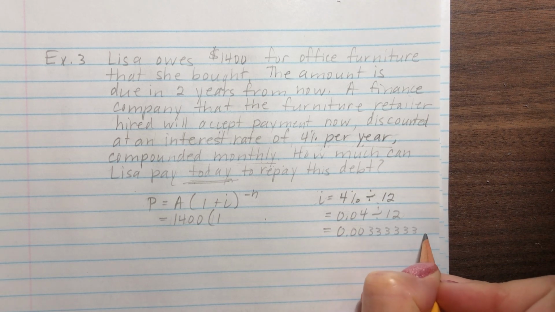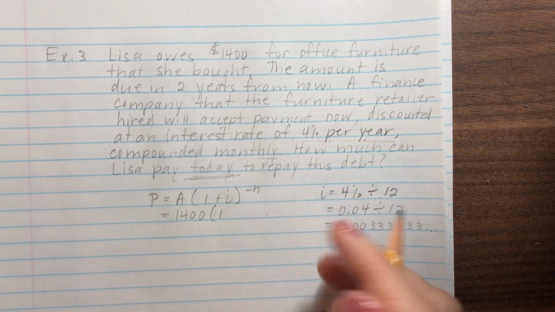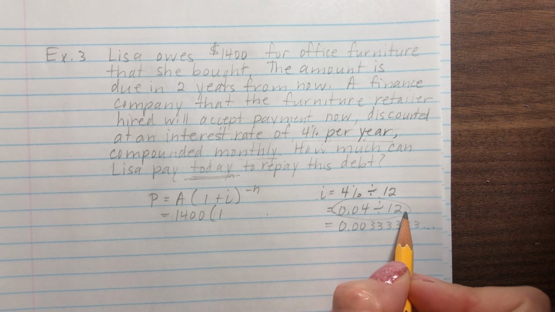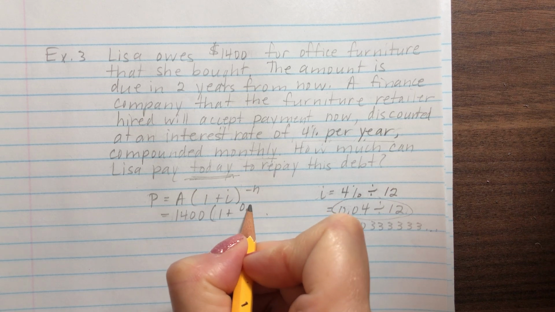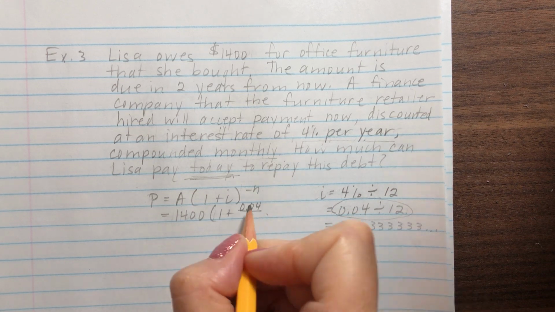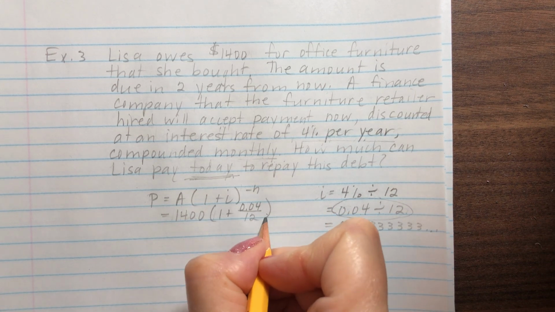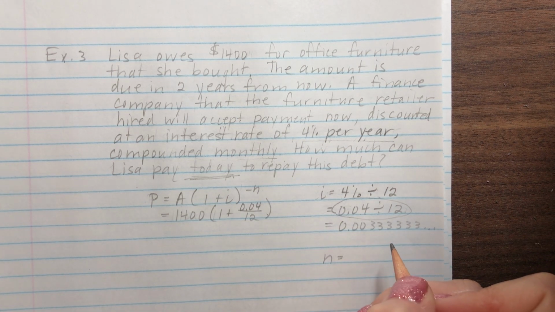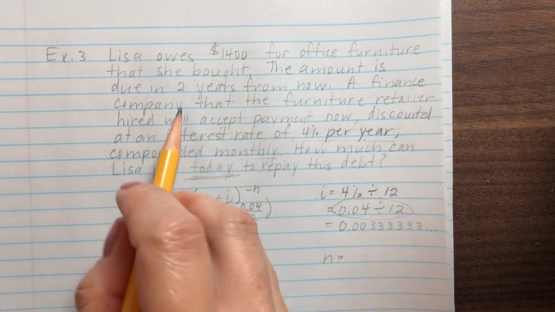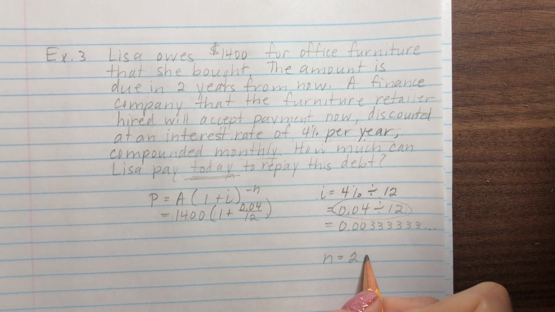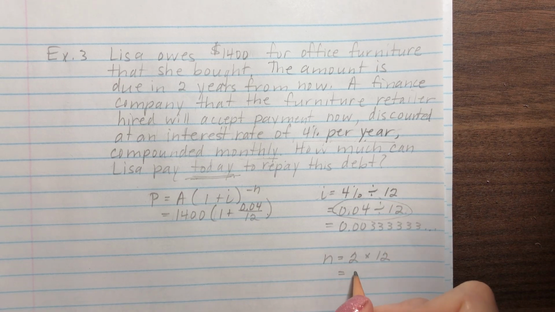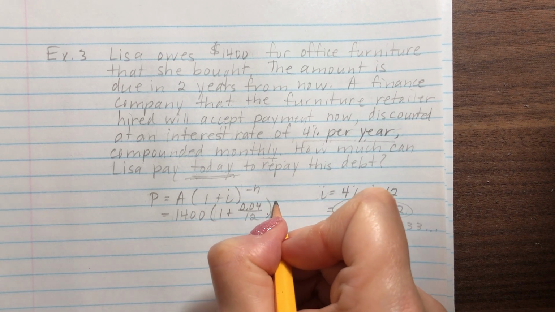So for this reason, we're not going to round this number because it will make a difference in our final answer. Okay. The best way is to sub in 0.04 divided by 12 in for i and enter all of that in the calculator so that the calculator keeps all the digits. Okay. For n, we're going to take the number of years, which is 2, and multiply by the compounding frequency of 12. So 2 times 12 gives us 24.